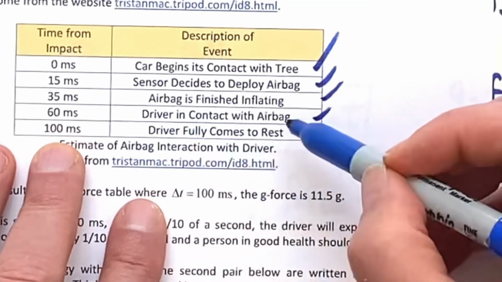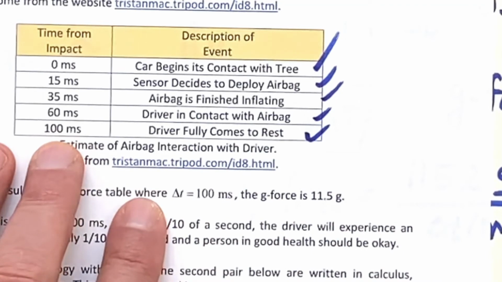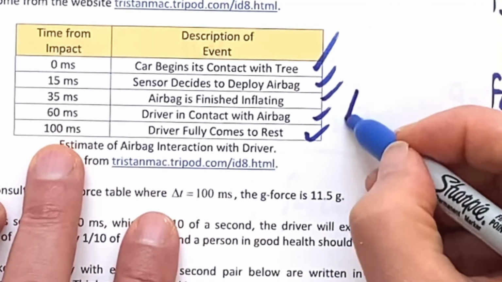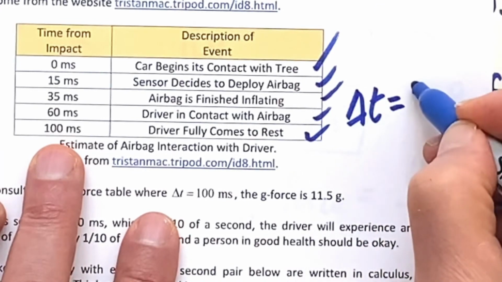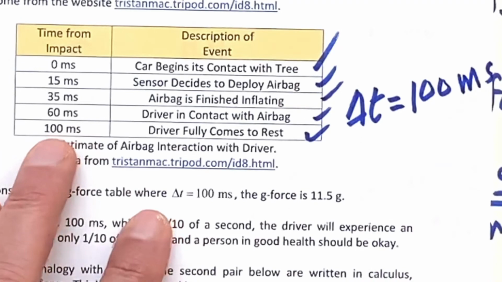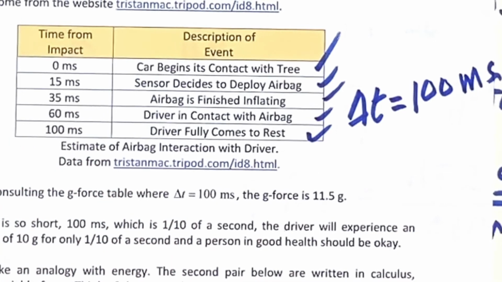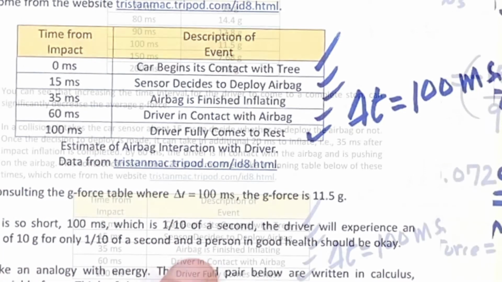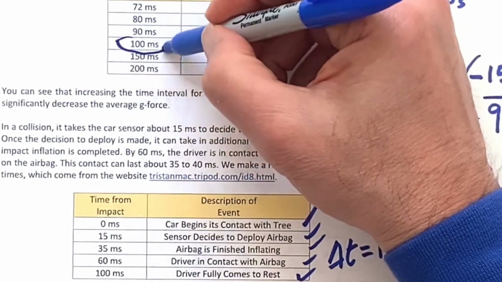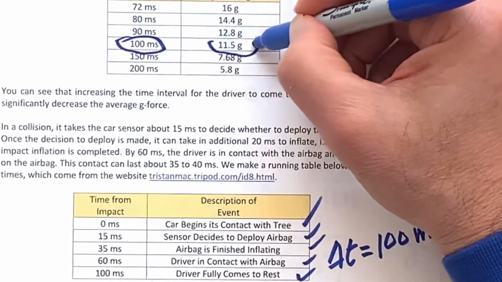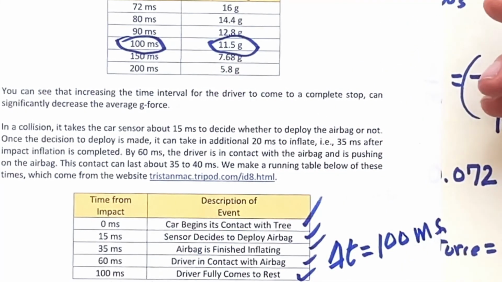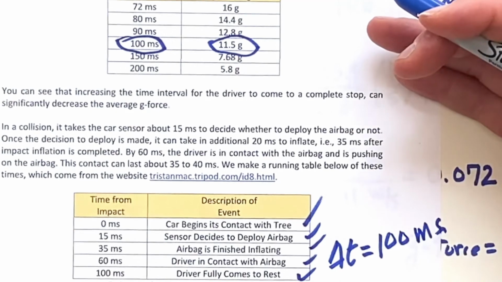And in 100 milliseconds, the driver fully comes to rest. So that means the delta t due to the airbag is now going to be 100 milliseconds instead of the 72. If I look at the chart where it's 100 milliseconds instead of 72, I get about 11.5 g. Now that's better than 16.